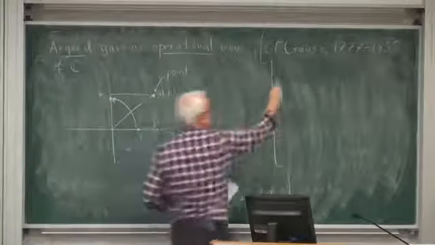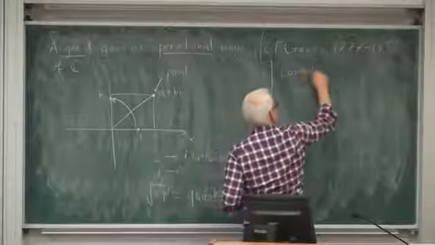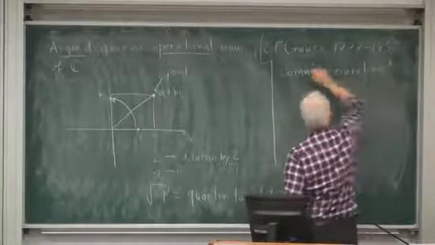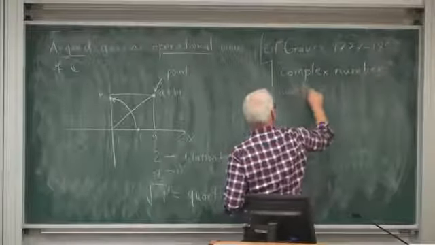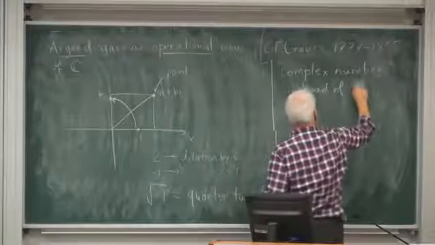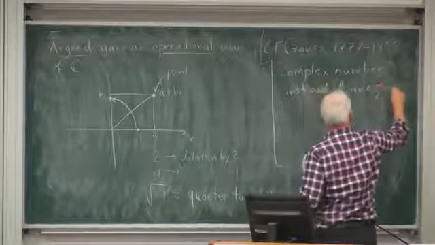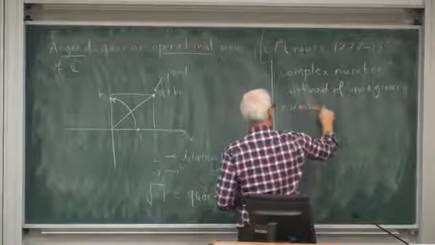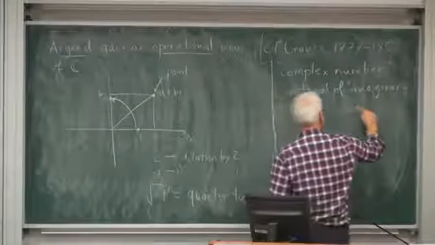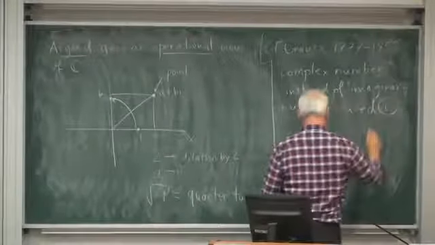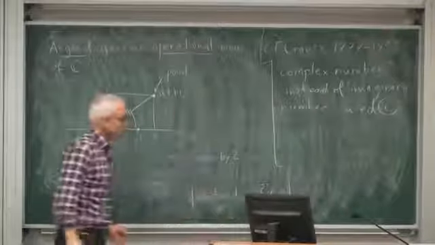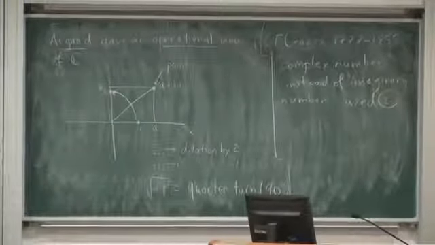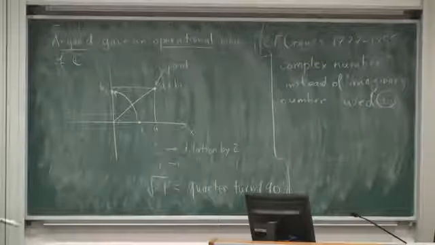He gave the name complex number instead of imaginary number. And he used i. And he investigated complex numbers on and off in his life quite a lot.